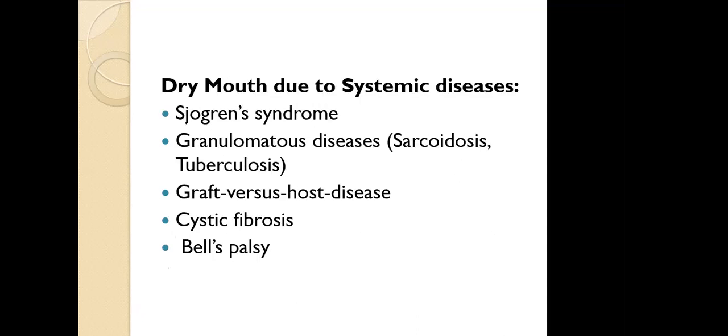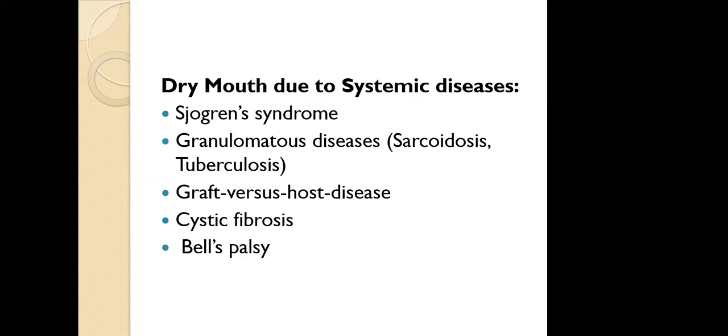There can be other systemic diseases like Sjogren's syndrome. So you will get your patient with Sjogren's syndrome, then they are likely to have xerostomia. Then granulomatous diseases like sarcoidosis, TB, and so on. Then they can also be due to graft versus host disease.